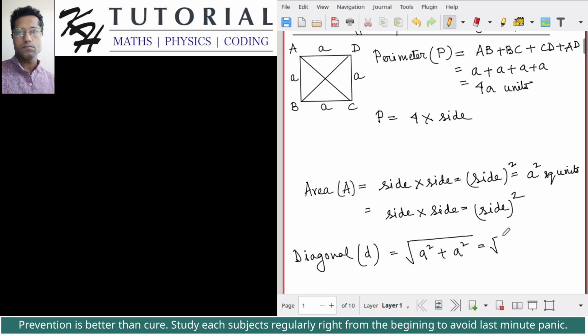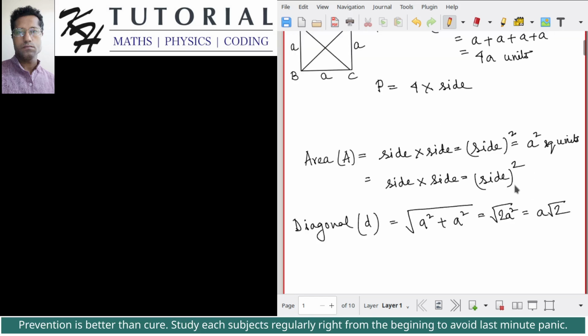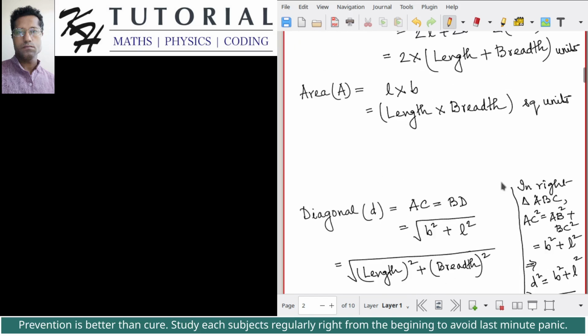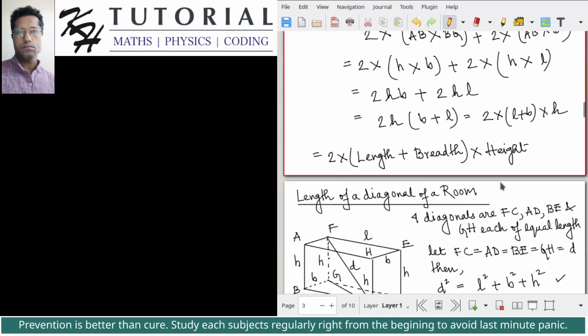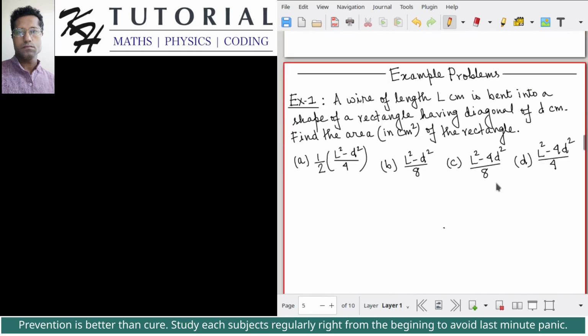This is square root of twice a square, which is equal to a multiplied by square root of 2. So this little information you must also remember: the length of the diagonal of a square whose side length is a units is equal to a into square root of 2 units. So these are all the concepts using which we will try to solve 4 example problems. Okay.